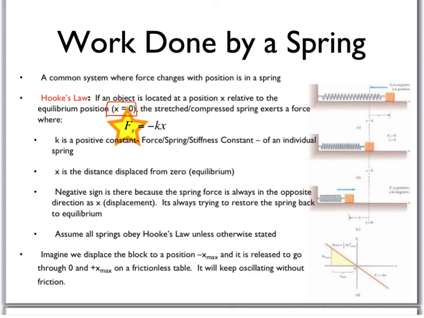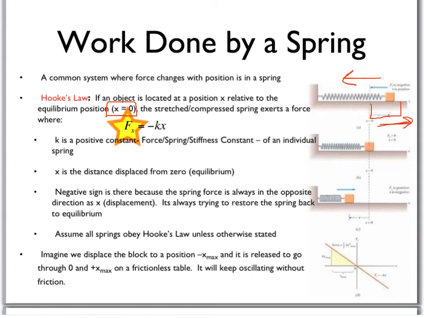The negative sign that you see here is there because the spring force is always going to be exerted in the opposite direction as the displacement. So if we were to stretch the spring like we see here, and the displacement is going this way, our spring is going to be exerting a force in the opposite direction. Basically, it's always a restorative force. It's always trying to restore that spring back to the equilibrium position.